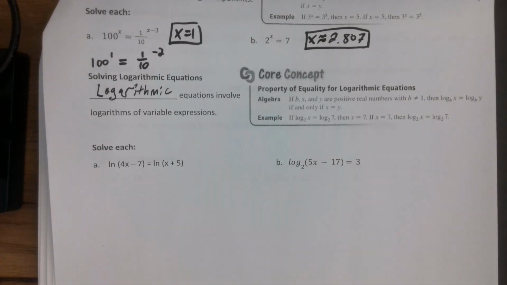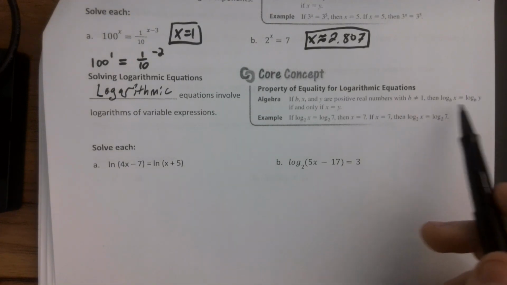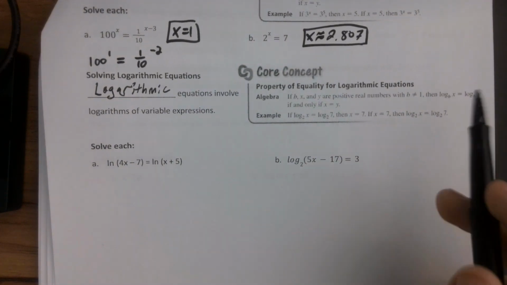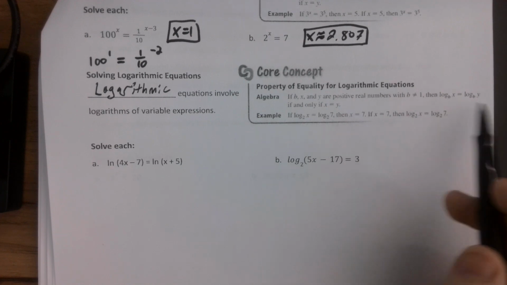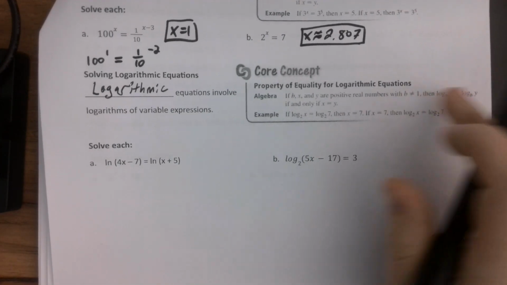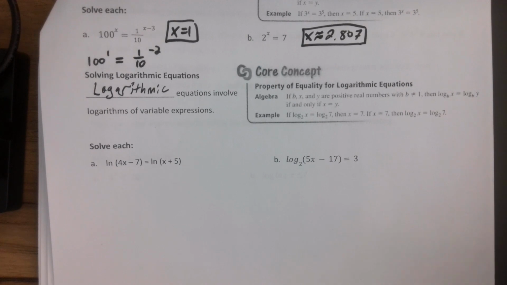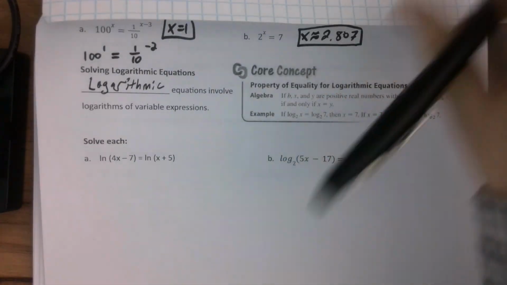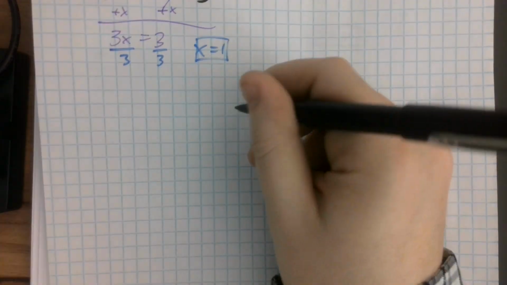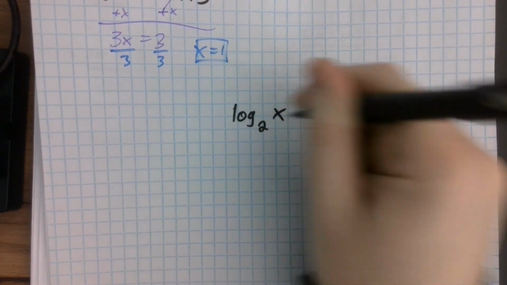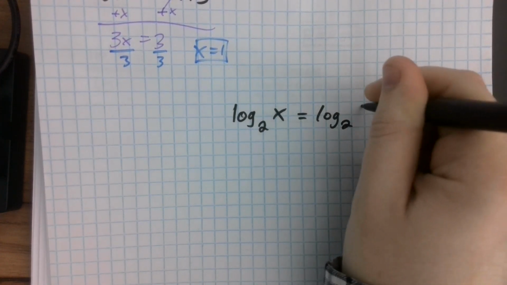In order to solve a logarithmic equation, we should utilize the following property. The property is, if you have two logarithms with the same base, their arguments will be the exact same. Let me give you an example. Let's say we had, as the example down here dictates, log base 2 of x equals log base 2 of 7.